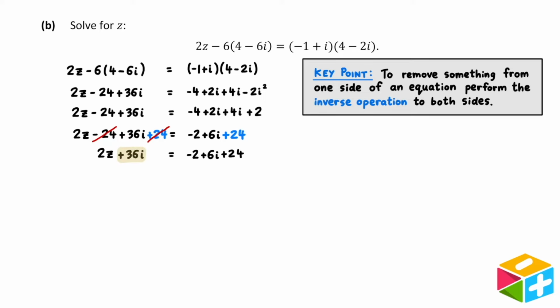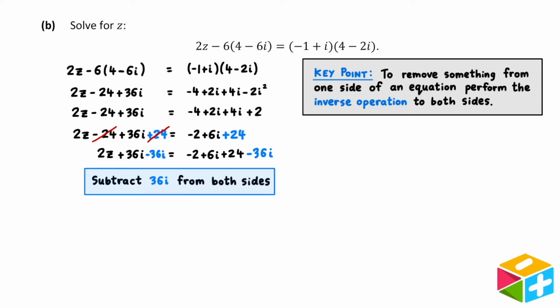Now, let's remove the plus 36i. This represents addition, and the inverse of addition is subtraction. So to remove this, we should subtract 36i from both sides.